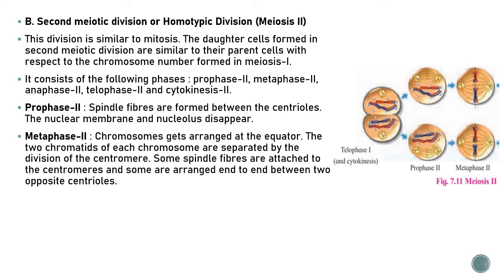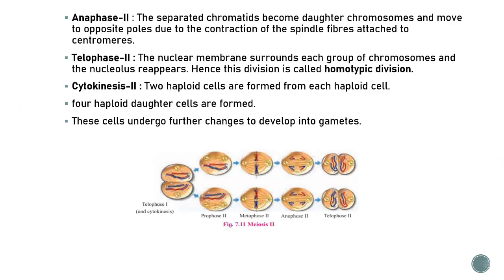Some spindle fibers are attached to the centromeres and some are arranged end to end between two opposite centrioles. So these are the characteristics of Metaphase-II.